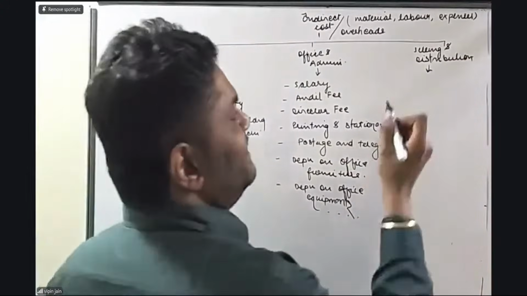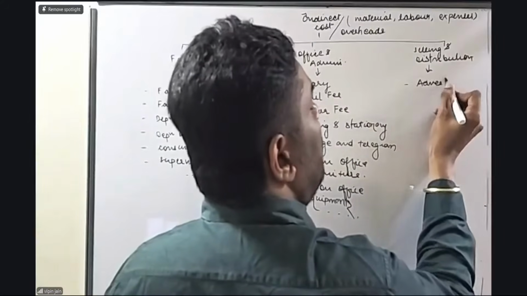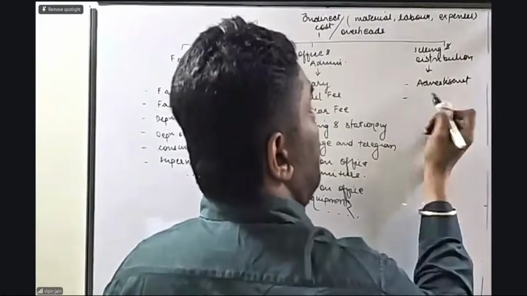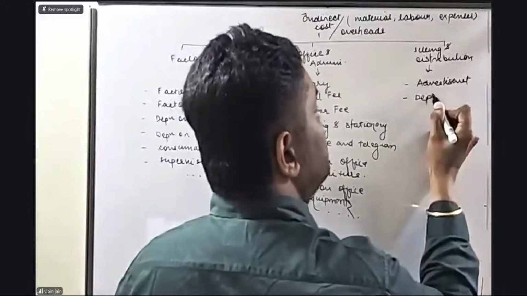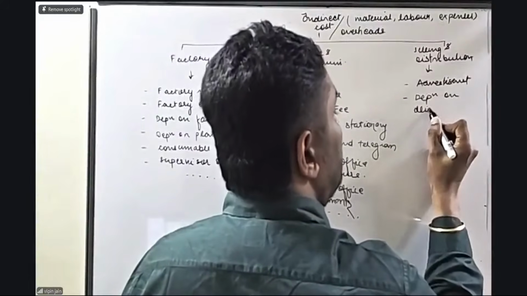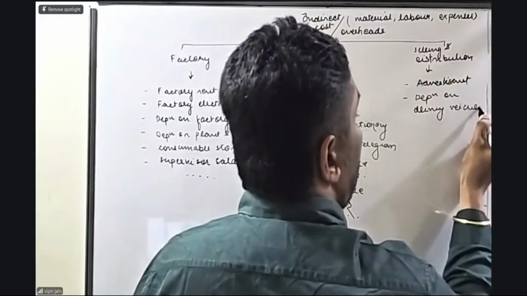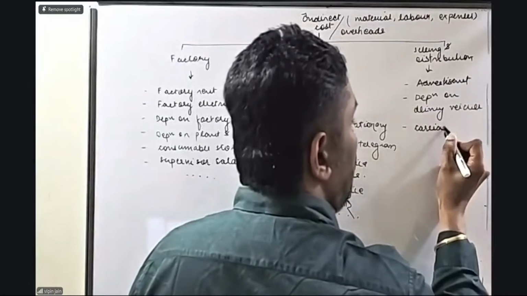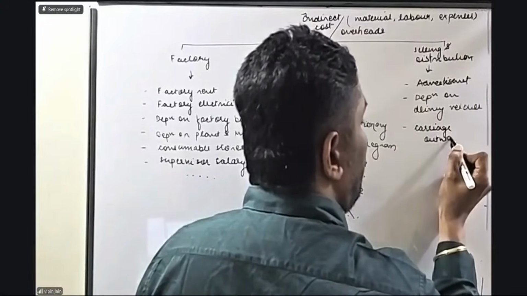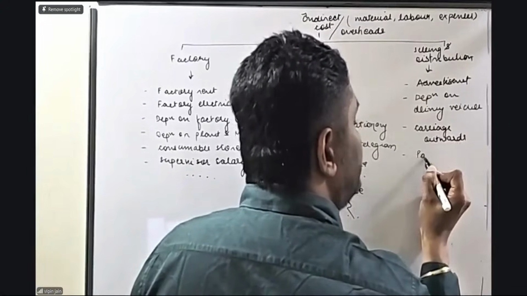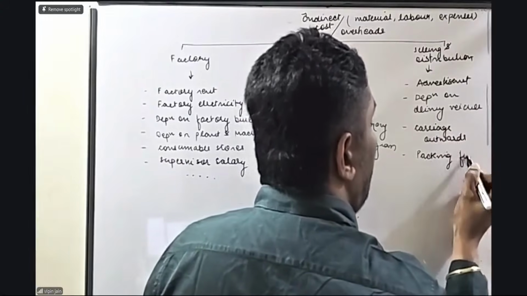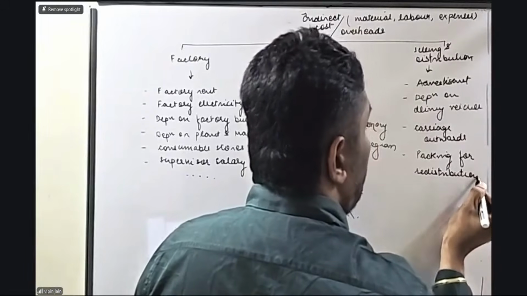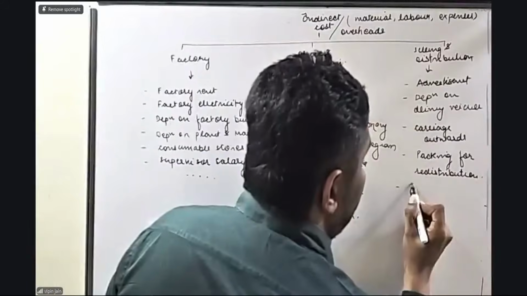When talking about selling and distribution: advertisement, depreciation on delivery vehicles, then carriage outward, packing for redistribution, salesman salary.